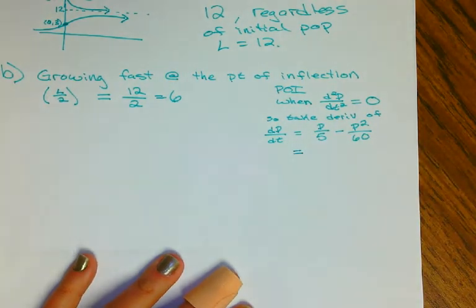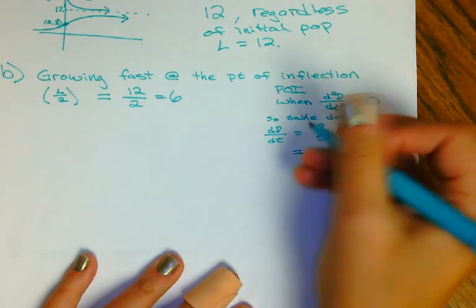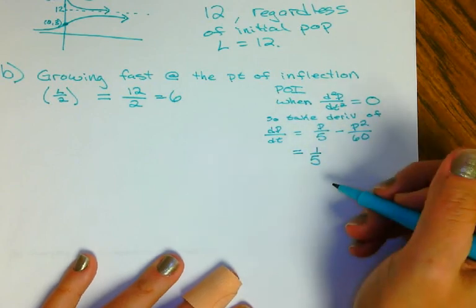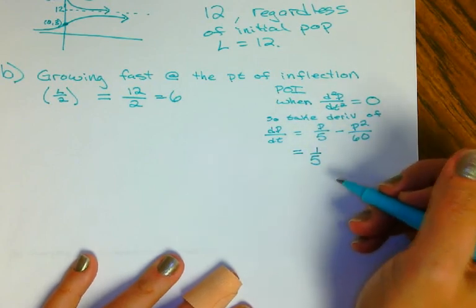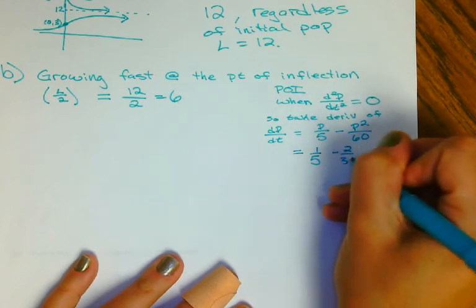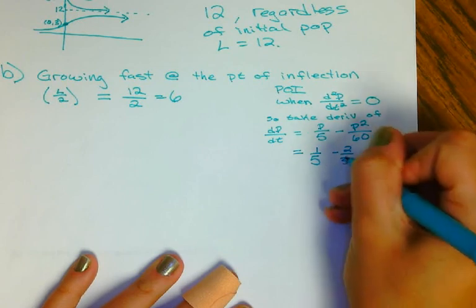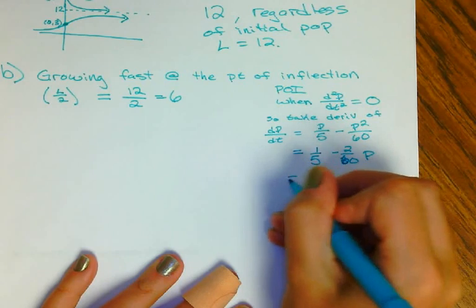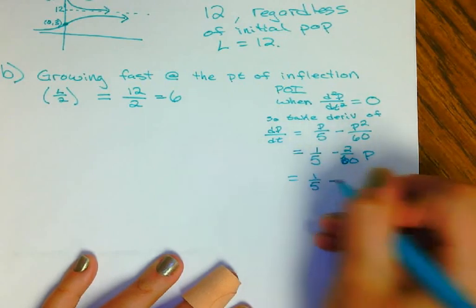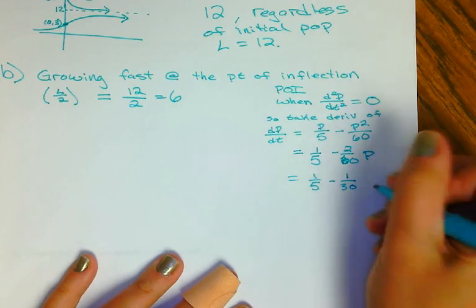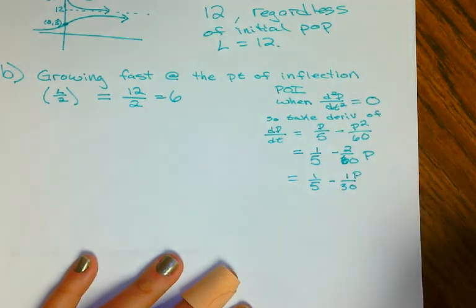The derivative of this part is just 1/5. The derivative over here is going to be 2 over 60 p, which reduces to 1/30th. So you get 1/5 minus 1 over 30 times p. Okay, and I'm going to put my p in the numerator.